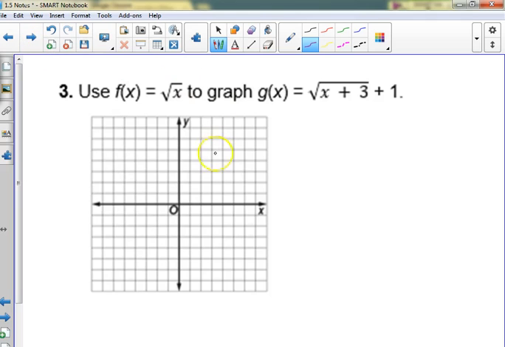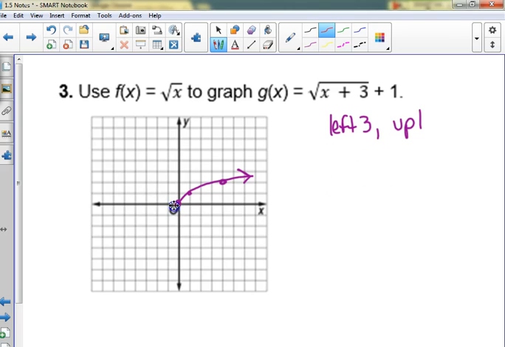All right, this is an easy one. 0, 0, 1, 1. Where would be the next nice square root? Yeah, square root of 4 is 2. So it looks like this. What does this graph do? Left 3, which is horizontal, and up 1, which is vertical.